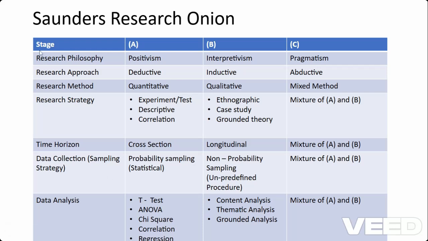So, from the philosophies, we have positivism, which looks at you acquiring knowledge from an existing object through testing it, or interpretivism, where you acquire knowledge from understanding a human perspective, or how the human perceives something, or pragmatism, which is a mixture of taking a positivism approach and also taking an interpretivism approach.